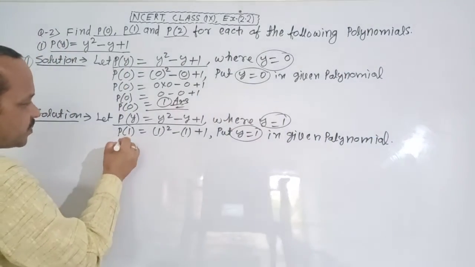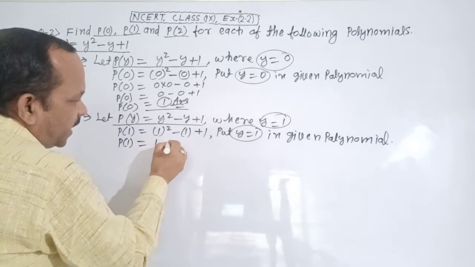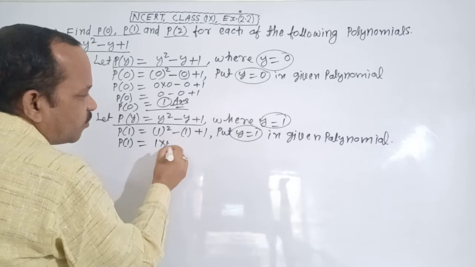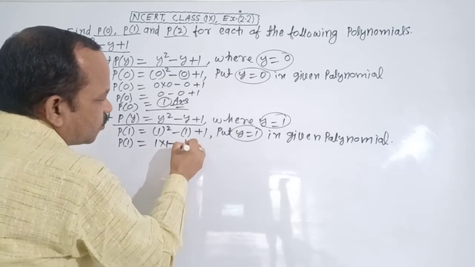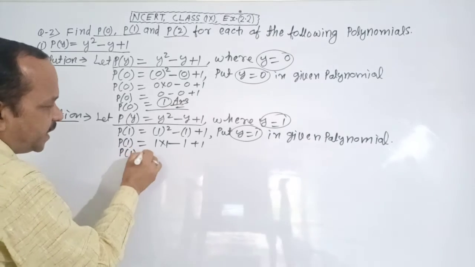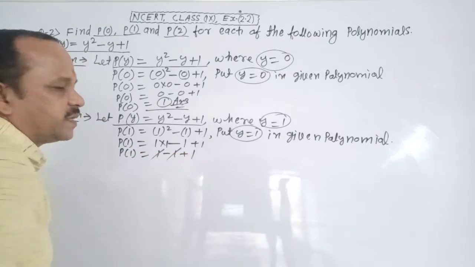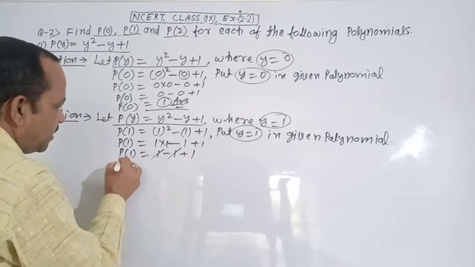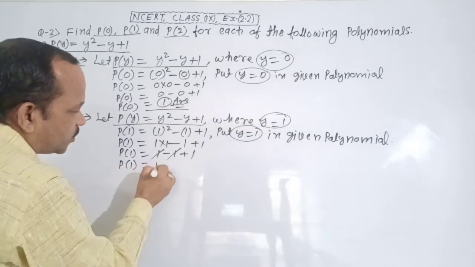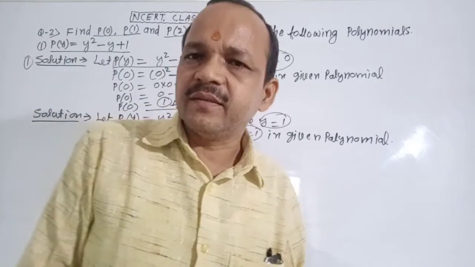It becomes P(1) equal to 1 multiply 1 minus 1 plus 1. It becomes P(1) equal to 1 minus 1 plus 1. Minus 1 plus 1, cut. It becomes P(1) equal to 1. Answer. Your answer is 1.